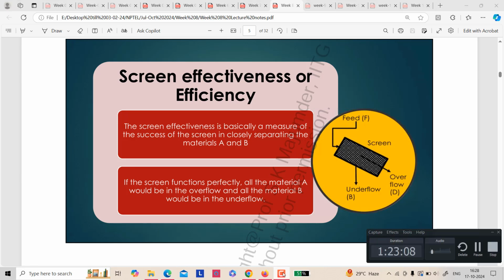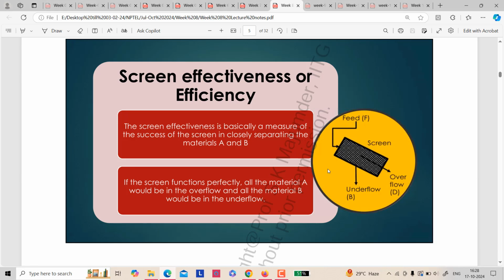Screen efficiency or effectiveness is basically a measure of the success of the screen in closely separating the materials A and B. If the screen functions perfectly, all the material A would be in the overflow and all the material B would be in the underflow.